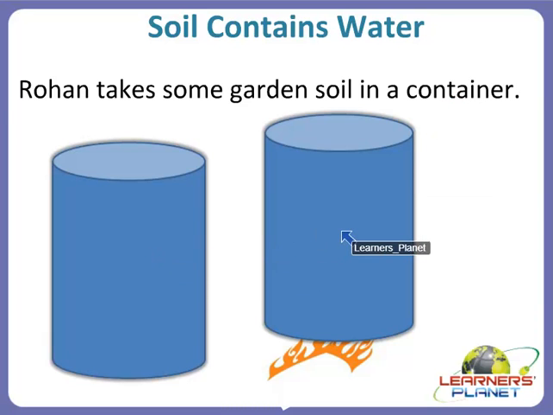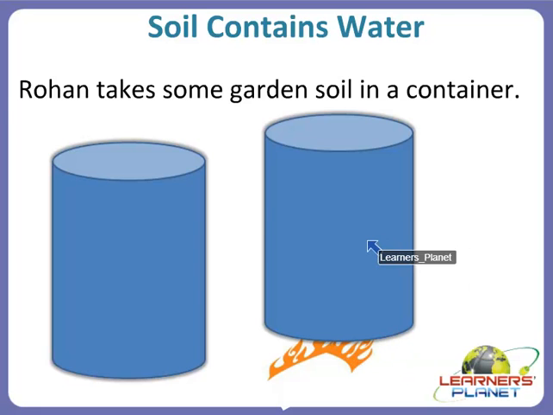So children, this is a container. Now Rohan takes some garden soil in this container, and then he covers it with a lid. Then he asks an adult to heat the container over a very low flame.